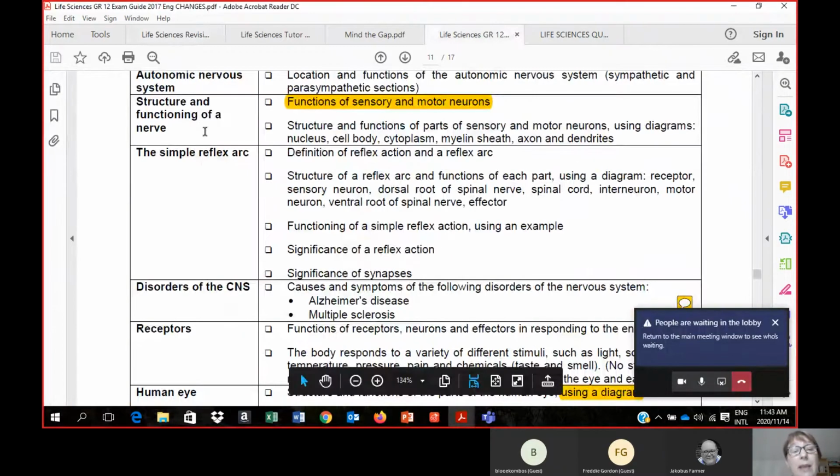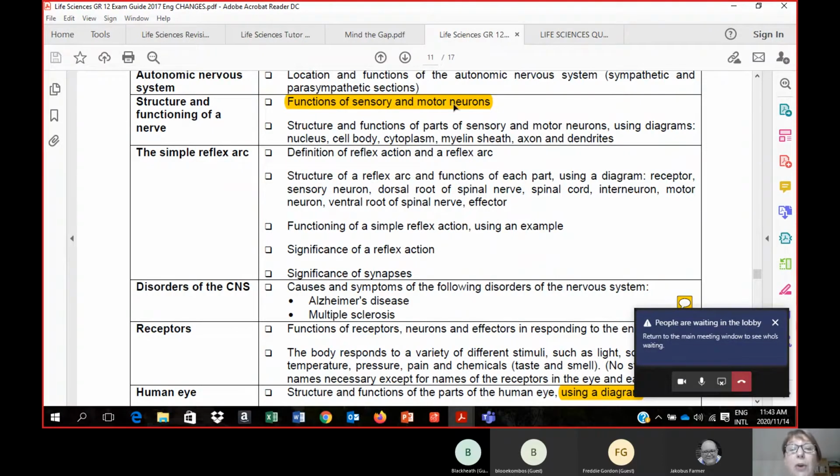So, for example, these are now the examination guidelines, which really give you a very good indication of exactly what to study. So over here it says you need to know the functions of sensory and motor neurons. Then it also says you need to do the structure and functions of parts of sensory and motor neurons using diagrams.